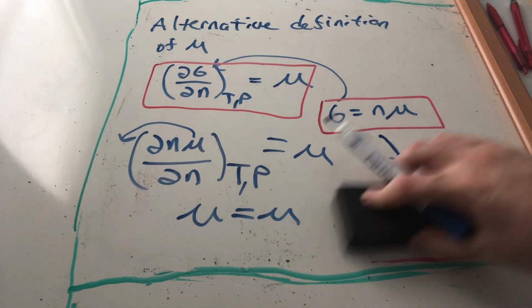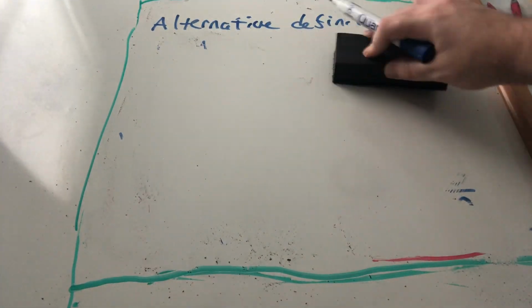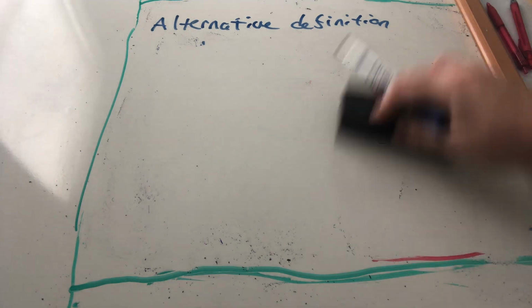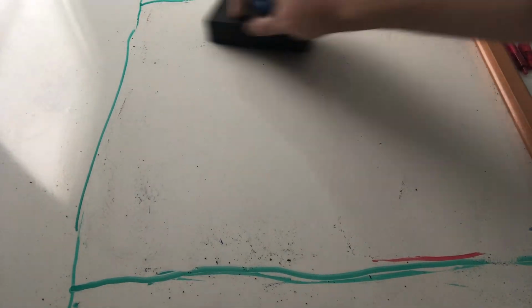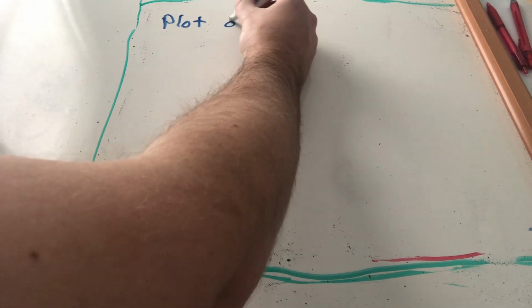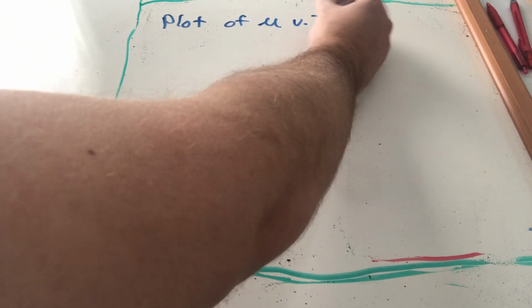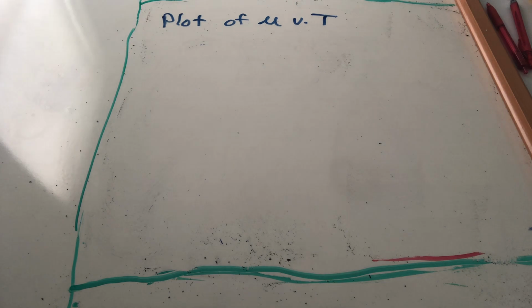The reason that we introduce this, though, is because when we get to equilibrium, sometimes it's beneficial to see the partial derivative identity. Sometimes it's better to see the more standard molar Gibbs energy definition. But let's make a plot here of mu versus temperature. Let's think about what happens in a phase diagram, and let's tie everything together now.